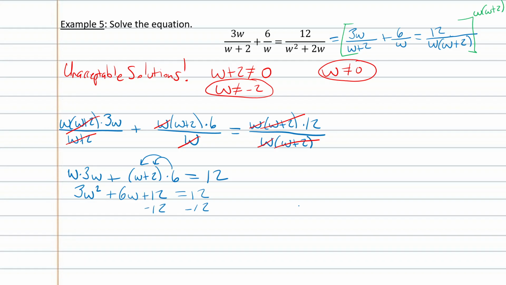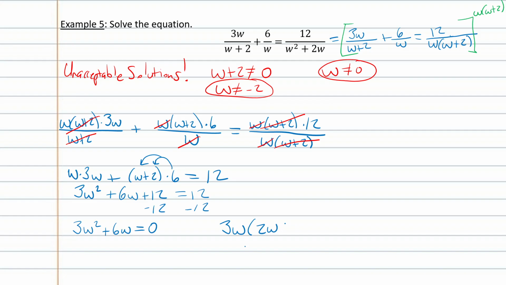Well, if I do that, that's going to give me a 3w squared plus 6w equals 0. Well, what can I pull out of 3w squared and 6w if I wanted to? Well, I could pull out a 3w. If I did that, I'd be left with a 2w.